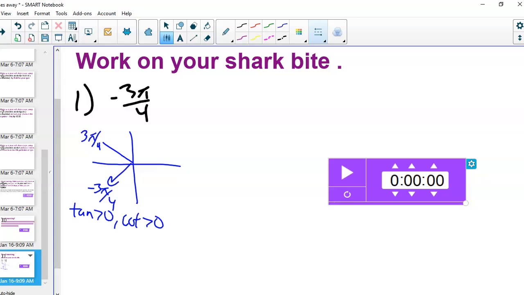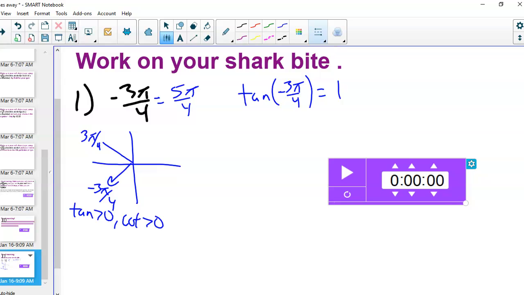What is the tangent at negative 3 pi over 4, or 5 pi over 4? Negative 1, positive 1, because it's in the third quadrant.